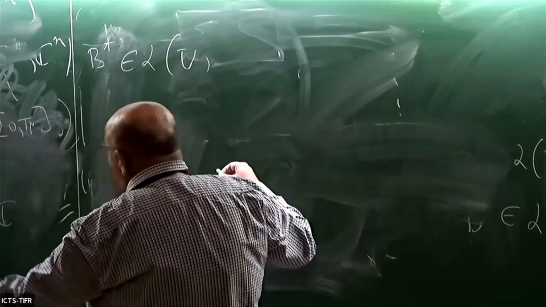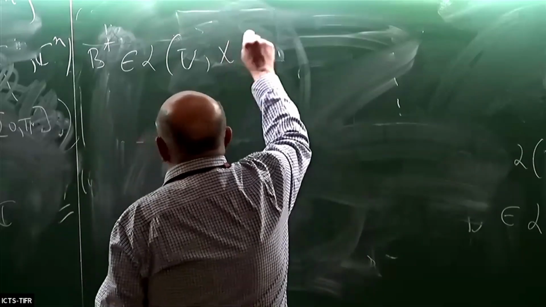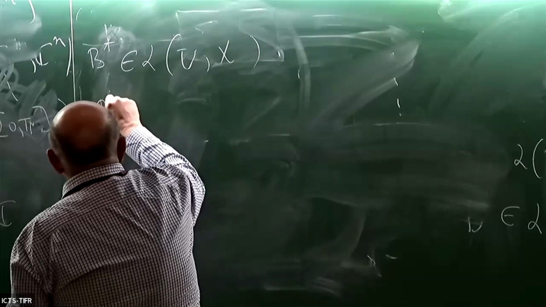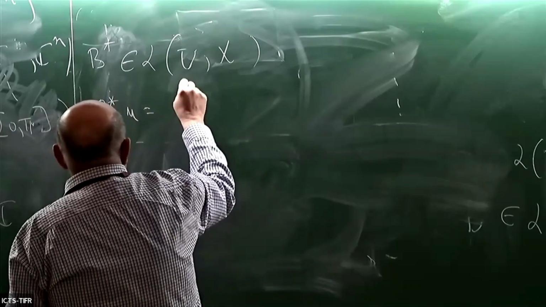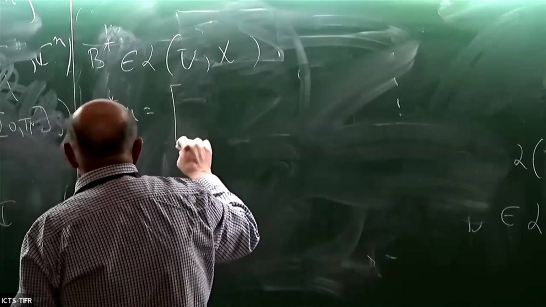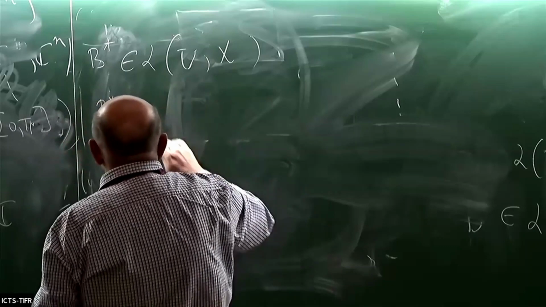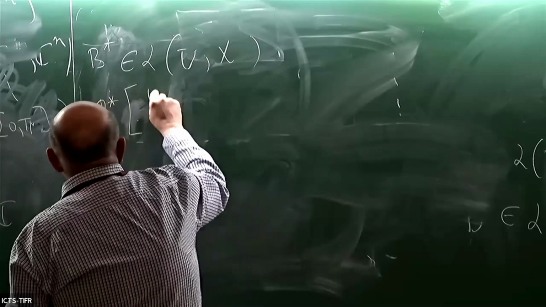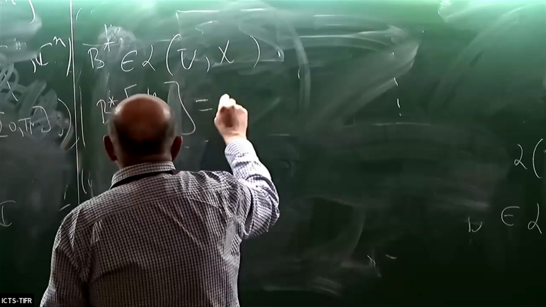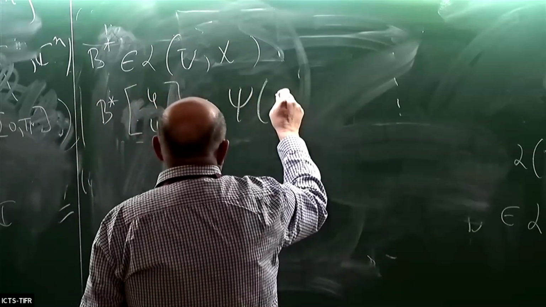So here I identify X with itself, as usually. So it will be X. And B star of (phi, psi) will be equal to psi of xi, the second component.